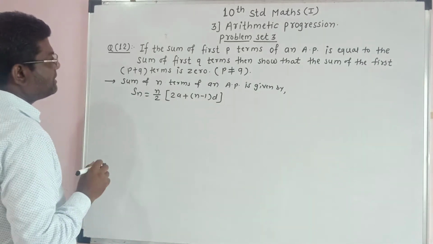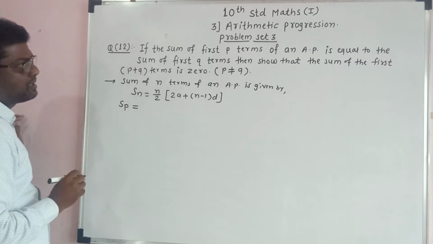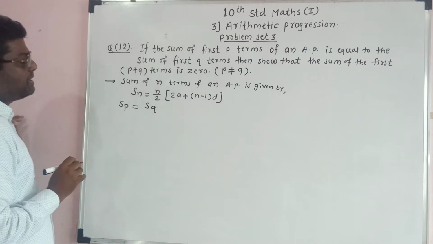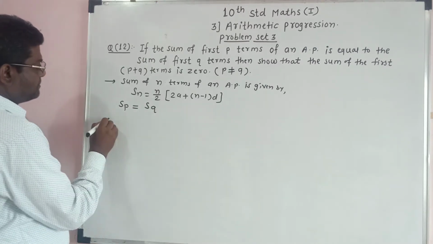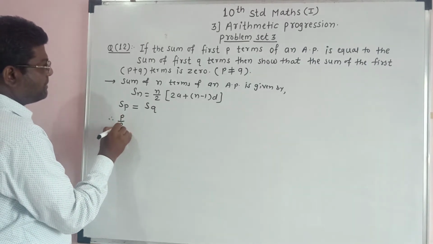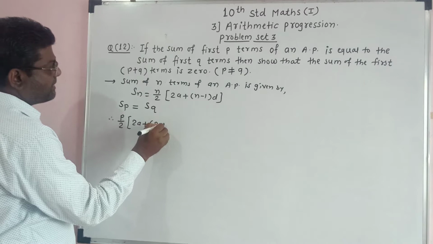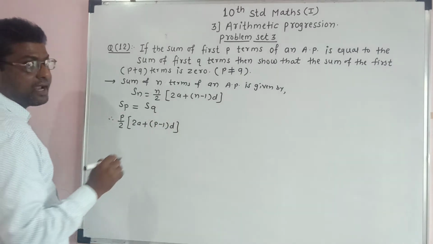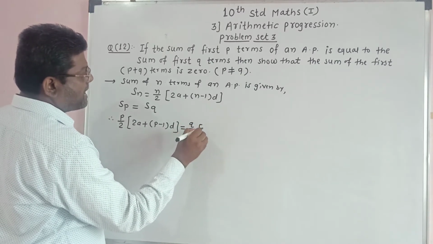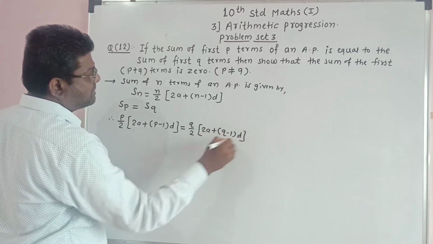Now in this example we have given sum of first p terms is equal to sum of first q terms, that is Sp is equal to Sq. Now formula for Sp will be p upon 2 in bracket 2a plus p minus 1 into d, and formula for Sq will be q upon 2 in bracket 2a plus q minus 1 into d.